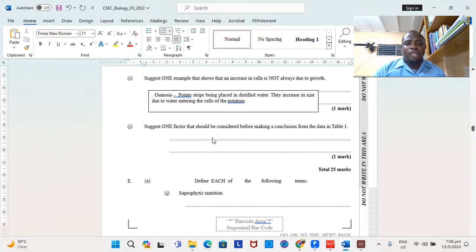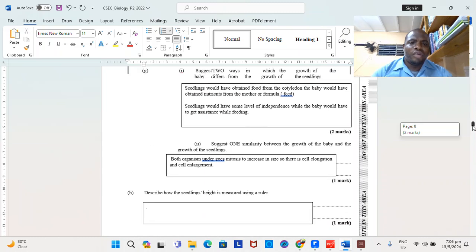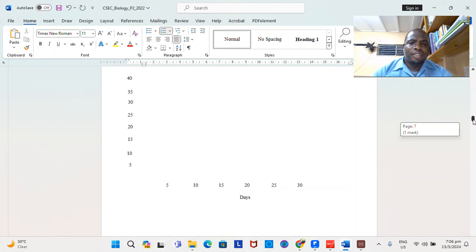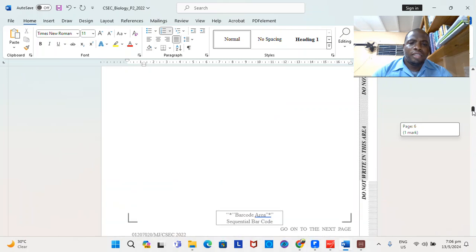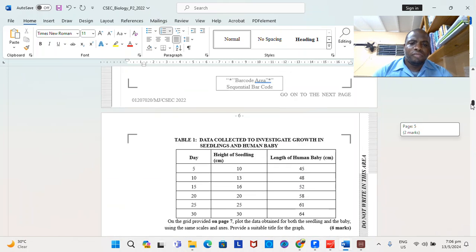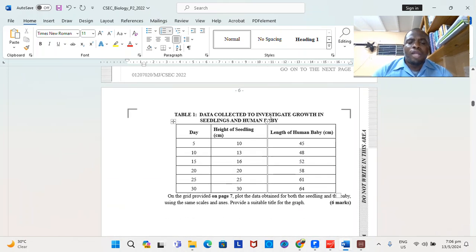It says, suggest one factor that could be considered before making a conclusion from the data. If you're looking at the data, we are seeing information for the seedling and for the baby. But one thing you would have to take into consideration is the type of plant.